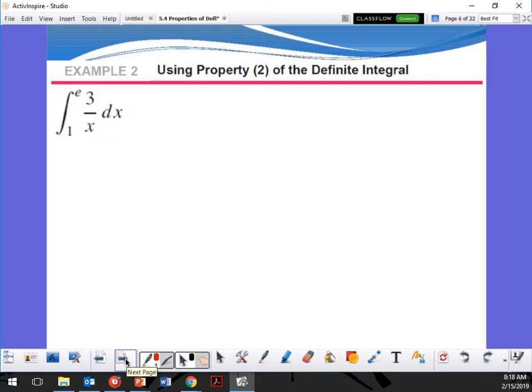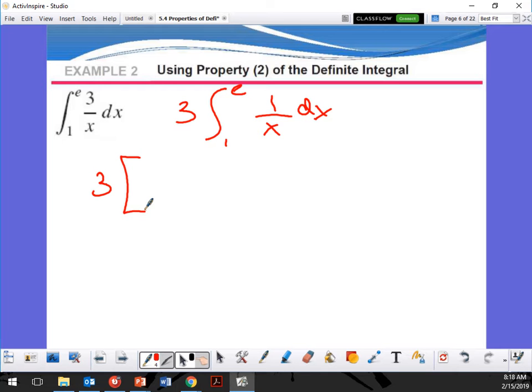Okay, what's my constant here? It's going to be 3, right? So my constant is 3. I'm going to take out 3 times the integral from 1 to e of 1 over x dx. So that's going to be 3, and the integral of 1 over x is ln x.